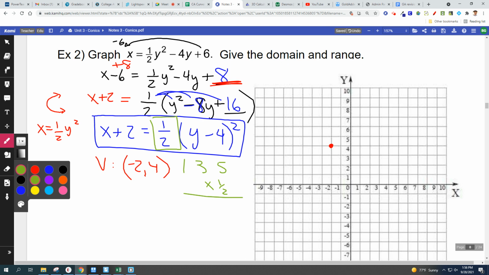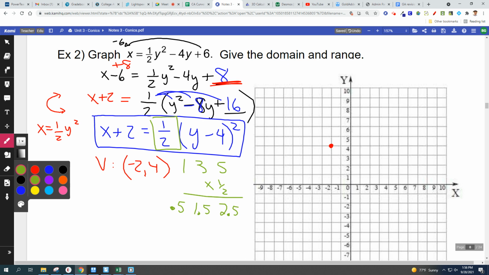You're taking your squares and multiplying them all by 1/2. So you're taking your 1-3-5 pattern and multiplying by 1/2. 1 times 1/2 is 0.5, and 3 times 1/2 is 1.5, and 5 times 1/2 is 2.5. Feel free to use fractions if you'd rather. I think most people are better at decimals, though.